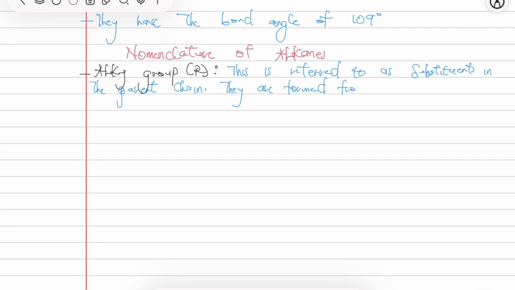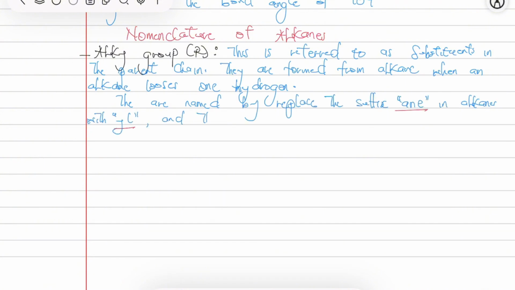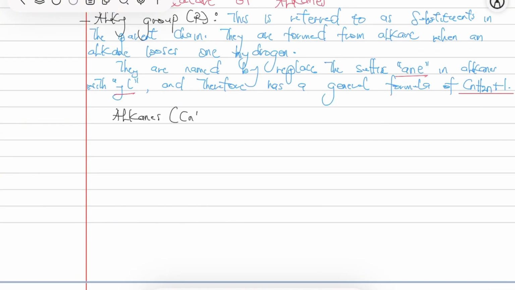They are formed from an alkane when an alkane loses one hydrogen, and they are named by replacing the suffix ane in alkane with yl. From this, it means that they have the general formula CnH2n+1 since they are formed from alkanes. Let us now consider from the table below how alkyl groups are formed from alkanes.